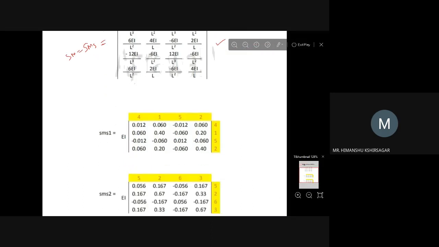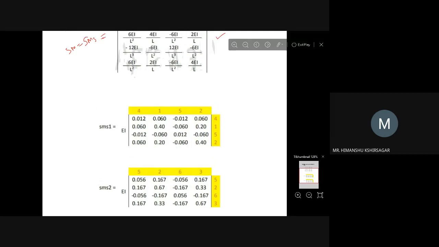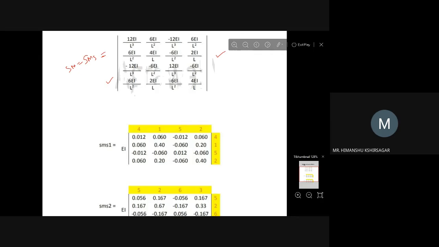Okay, so here you can see SMS1. For SMS1, what is the 12EI by L cube value? Take EI common because EI is constant. Don't take EI as 1. EI is constant. So 12EI by L cube for member 1 is 0.012 EI. So EI you keep common, and using the derivation matrix, assemble the SMS1 matrix.